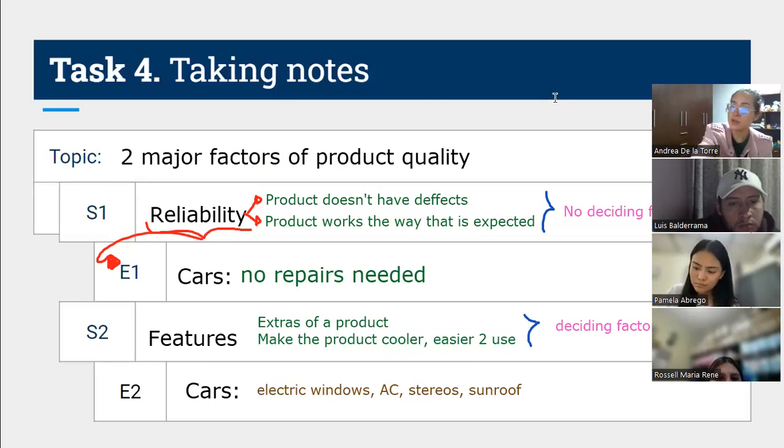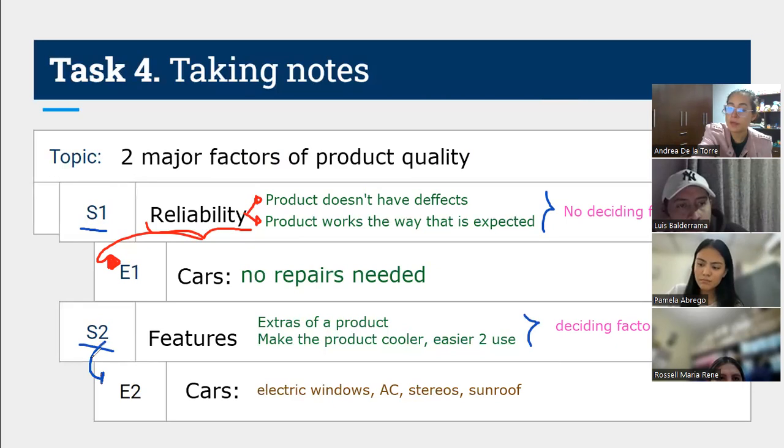So that's what the S stands for, subtopic. Subtopic 1, subtopic 2, and each subtopic has its own example. So in summary, in the lecture for this question, you will always have the topic, two subtopics, and two examples, one for each subtopic. It's never going to change.